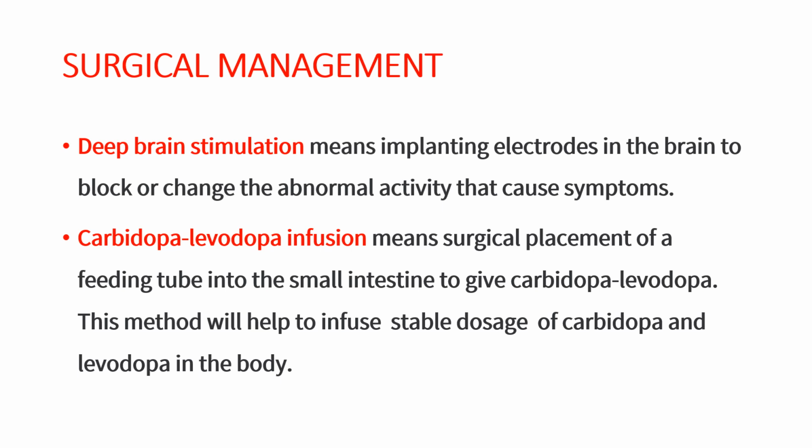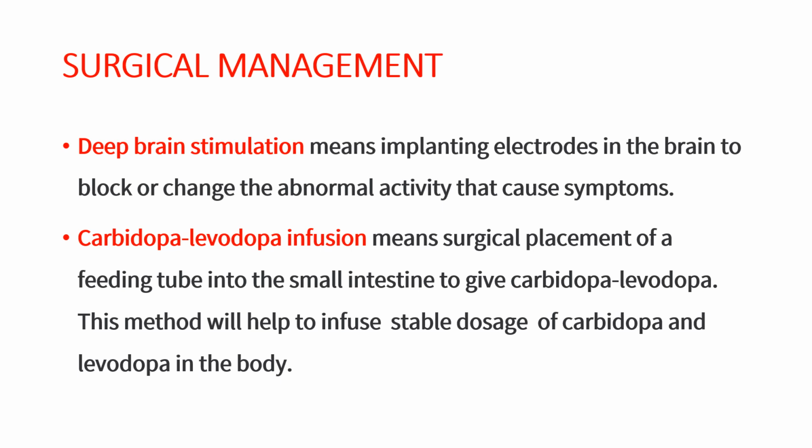That is the other surgical management. That means surgical placement of a feeding tube into the small intestine to give carbidopa, levodopa. This method helps to infuse a stable dosage of carbidopa and levodopa. In the previous slide I told you, an excessive amount of carbidopa or levodopa can create a lot of side effects.